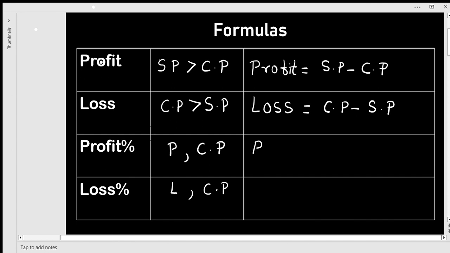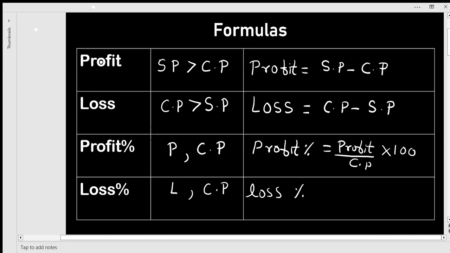So here profit percent is equal to profit upon CP into 100. Similarly, for loss percent is equal to loss upon CP into 100. So we have seen general formulas related to profit and loss.